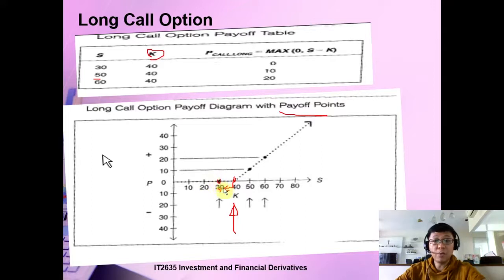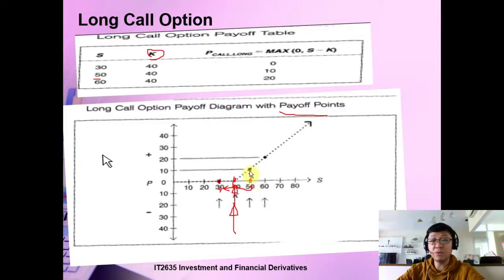Next, what about when the stock market price goes up to 50? Assuming the stock price is now 50, you have the right to buy at 40. Why not? Because you can buy at 40 and then immediately sell at the current market price, which is the spot price of 50. So what is your payoff?